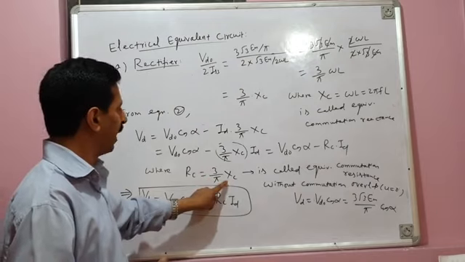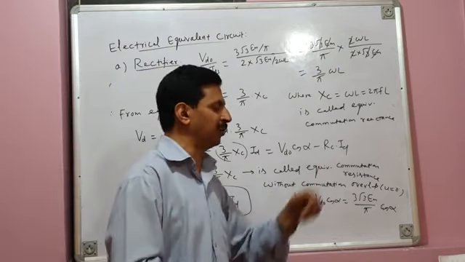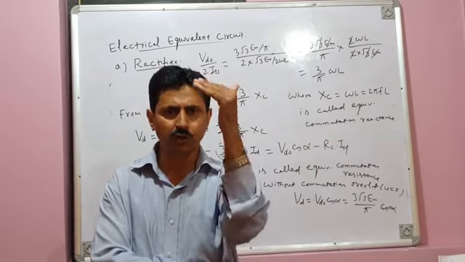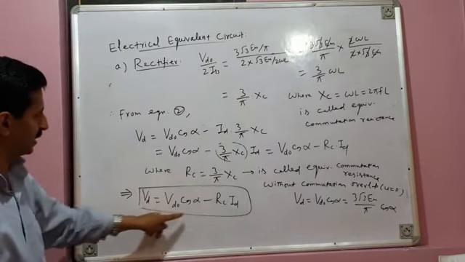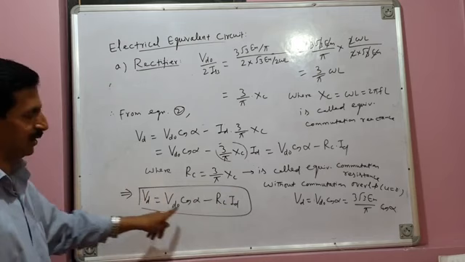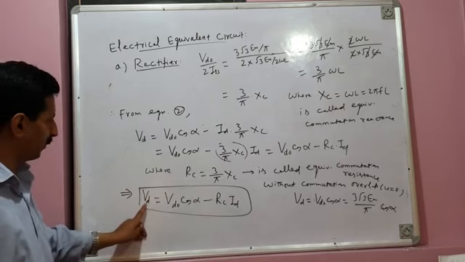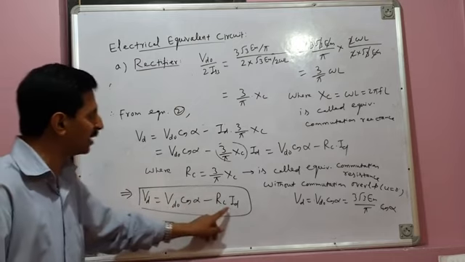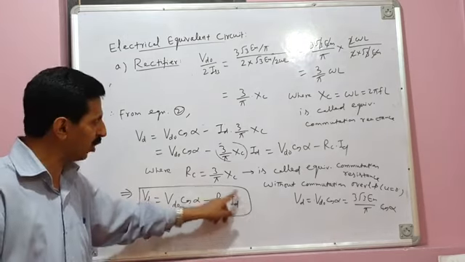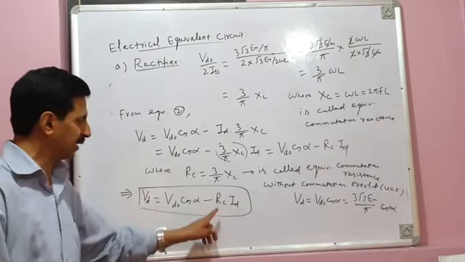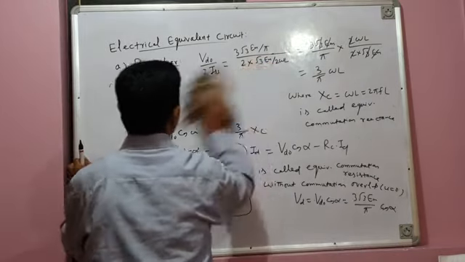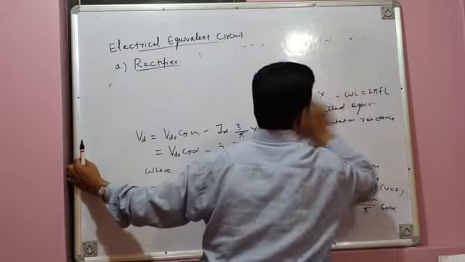This is 3 by pi Xc, and it is called equivalent commutation resistance. So your converter average output voltage is Vd is equal to Vd naught cos alpha minus the voltage loss due to commutation overlap, that is Rc into Id. So therefore the rectifier electrical equivalent circuit can be shown like this.